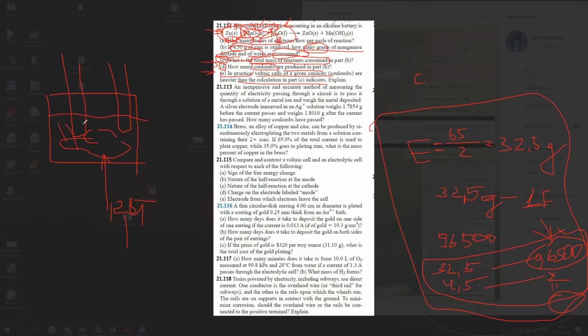The solution is heavier because it contains massive amounts of water, and also electrodes and the container. That's why it's heavier than the total mass of the reactants. Is that clear?